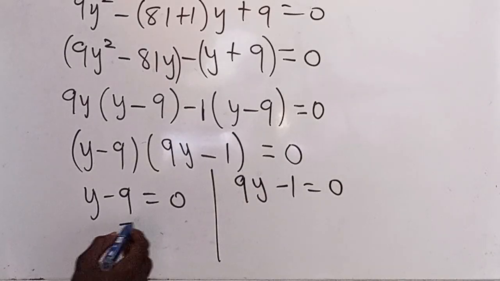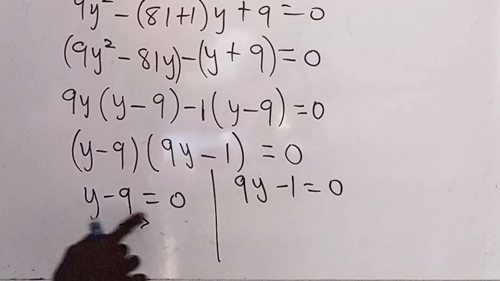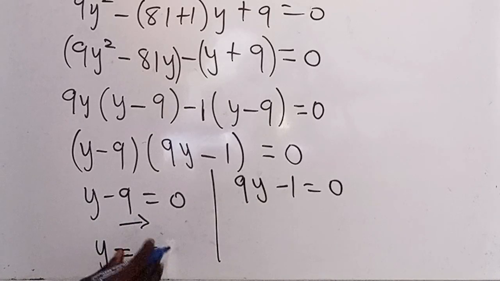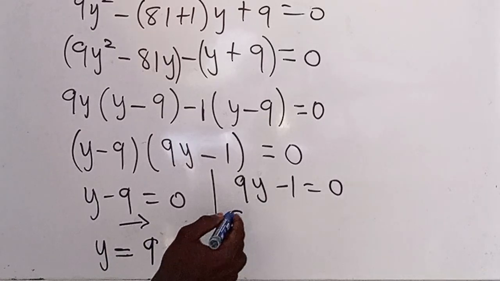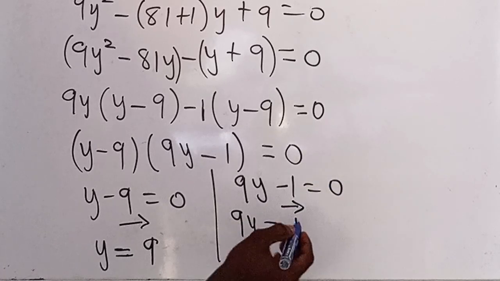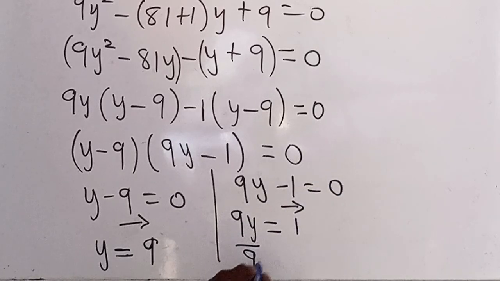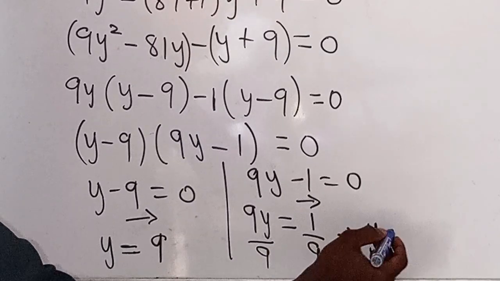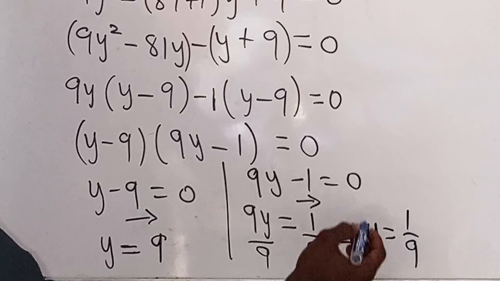So we transpose this minus 9 to the right hand side. It's going to be y equals plus 9. And here we have 9y, we transpose this to the right hand side, it's going to turn to positive 1. Then we divide both sides by 9. So this implies that y equals 1 over 9.